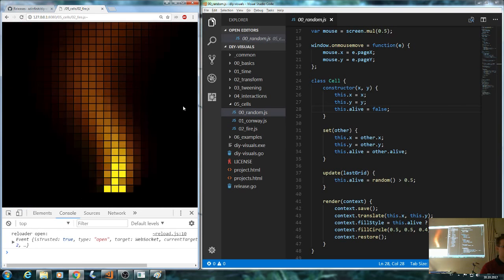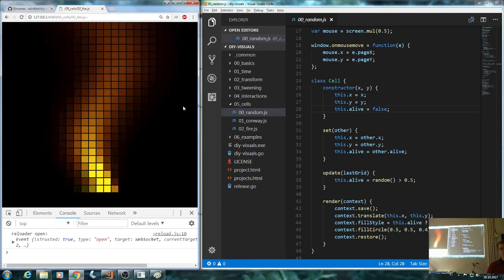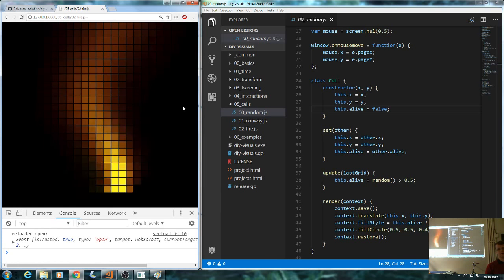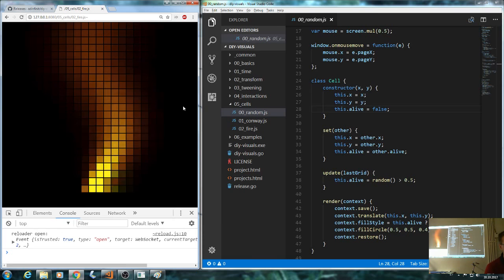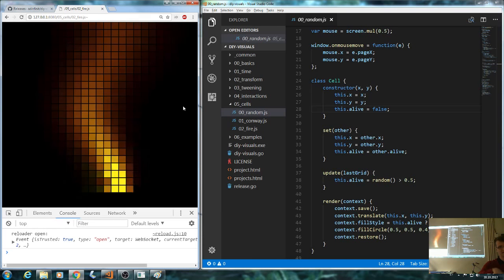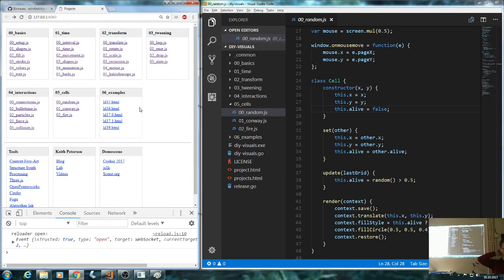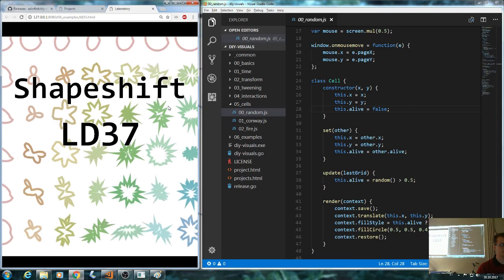And of course, we can do some fluid simulations as well if we want. Here we just figure out the next cell based on the cells below it.